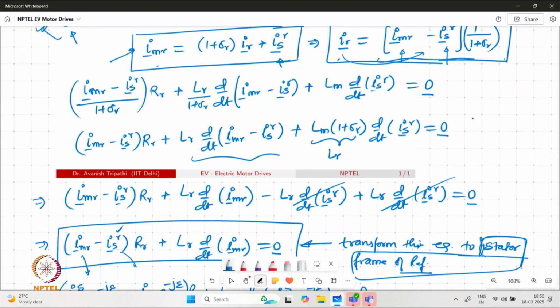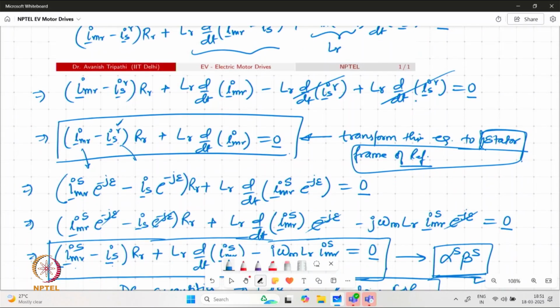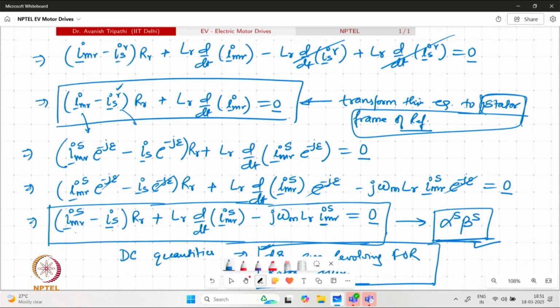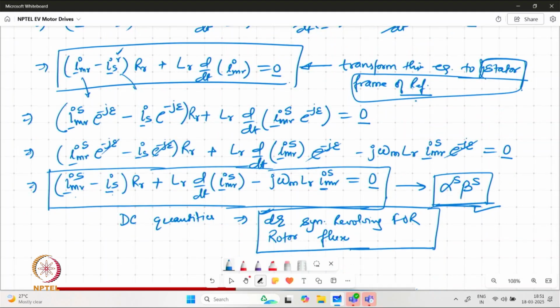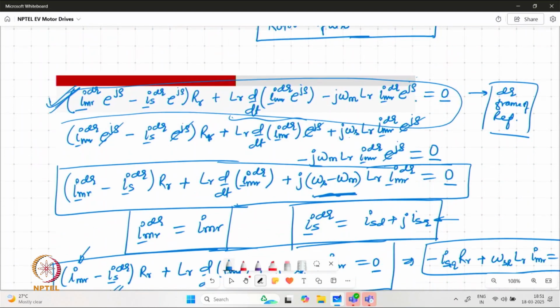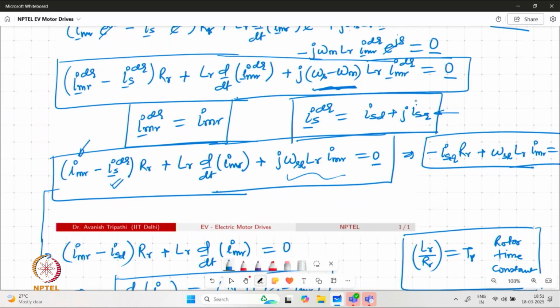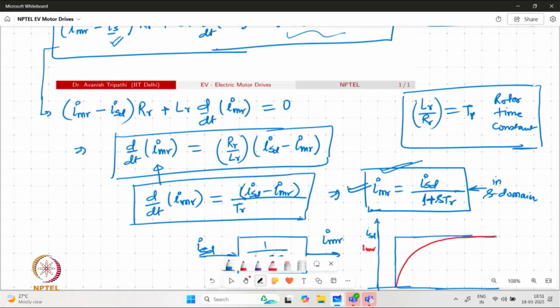Now going ahead, we have replaced the rotor current with the appropriate value, and we find that the whole term can be simplified in terms of the real and imaginary components, and eventually it leads to DC quantities in the synchronously revolving frame of reference, where the first equation correlates the rate of change of IMR with the difference between ISD and IMR, divided by TR.